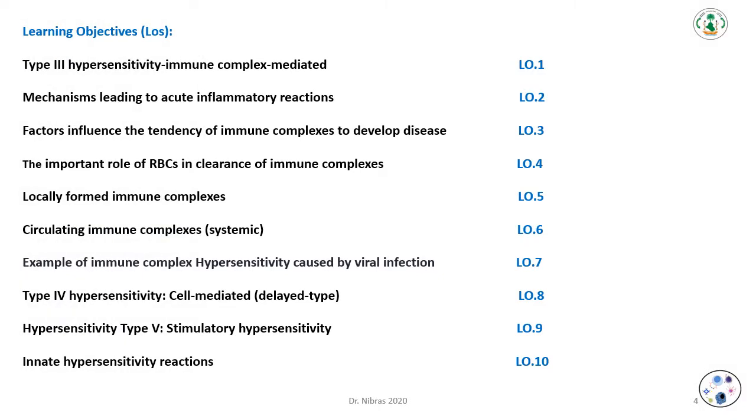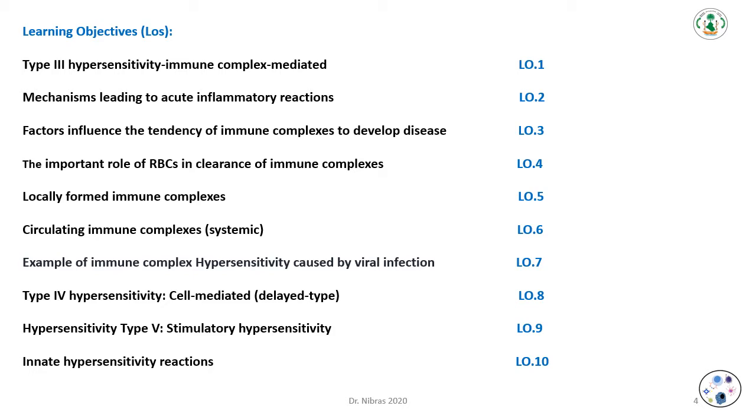The learning objectives of the lecture: we will discuss type 3 hypersensitivity, immune complex mediated, mechanisms leading to acute inflammatory reactions, factors influencing the tendency of immune complexes to develop disease, and the important role of RBCs in clearance of immune complexes, locally formed immune complexes, circulating immune complexes, systemic.